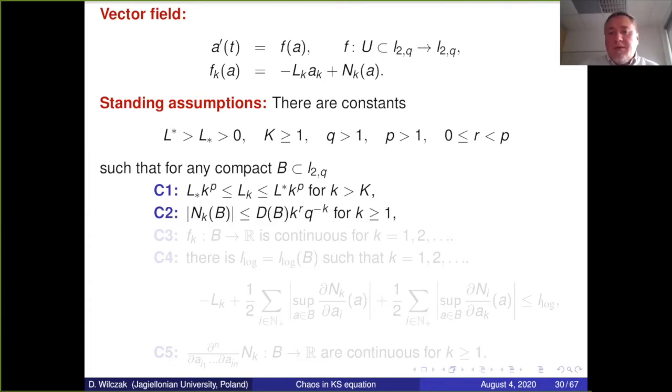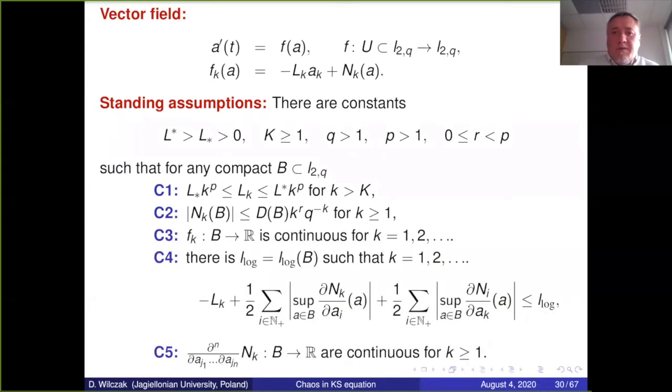The second condition says that the nonlinear part can be bounded on any compact set by some constant which depends on this set. Here we have the same geometric decay. It may happen that we have k to the power r here, but this r is less than p. Okay, where p is the growth of eigenvalues. Okay, more or less.